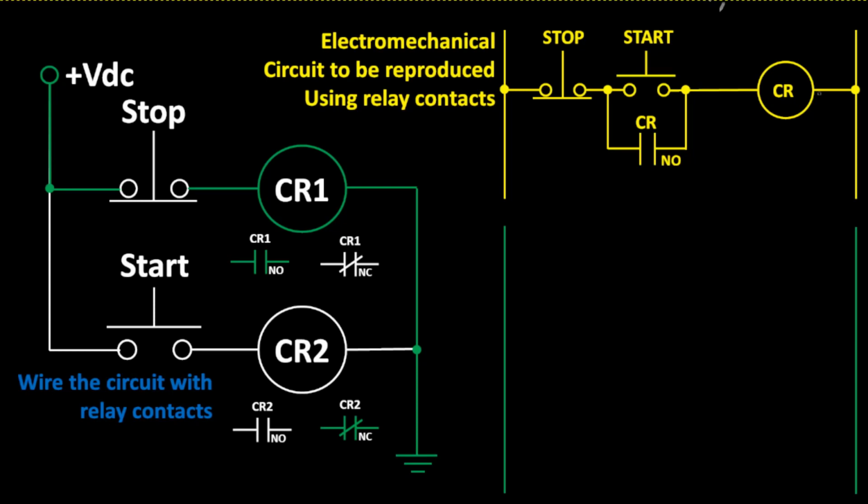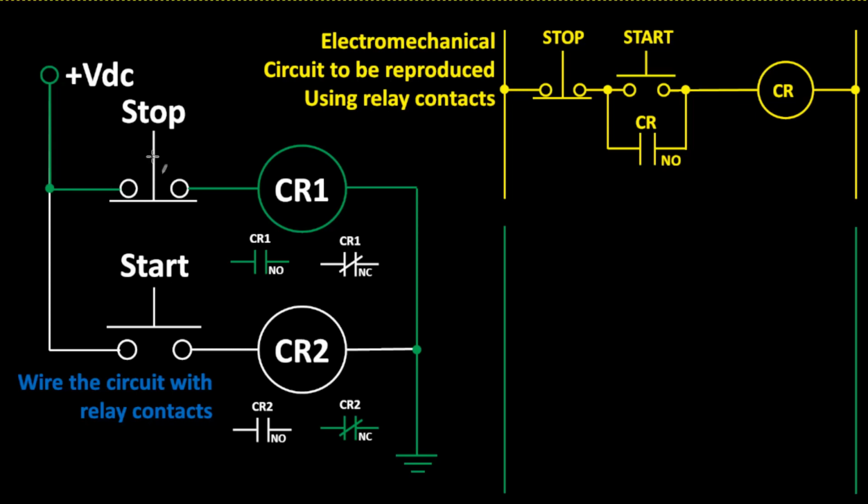So when we look at this circuit, and before we build the ladder logic in the PLC, let's take each one of these switches and say we're going to control relay coils with them. And then we're going to use the contacts off the relay coils to build the ladder logic.